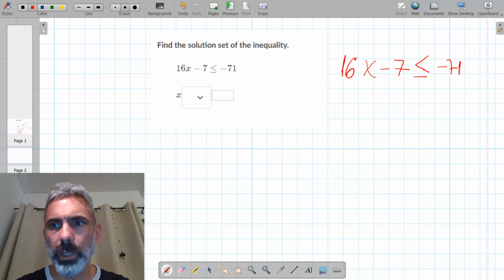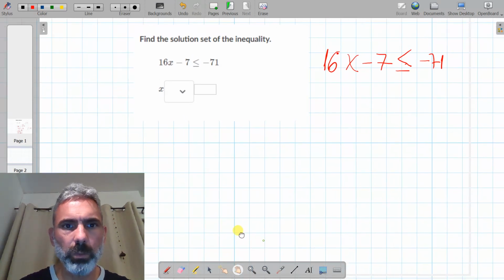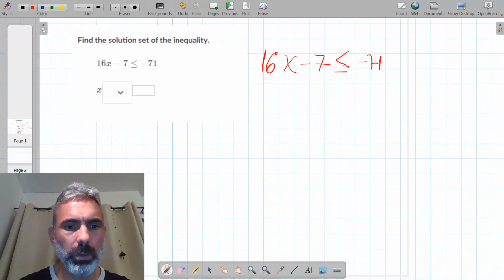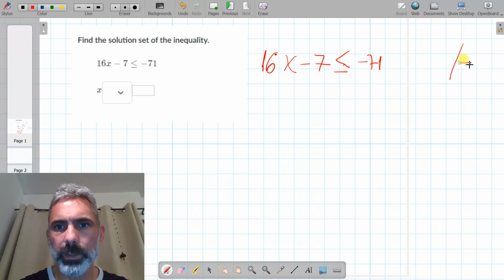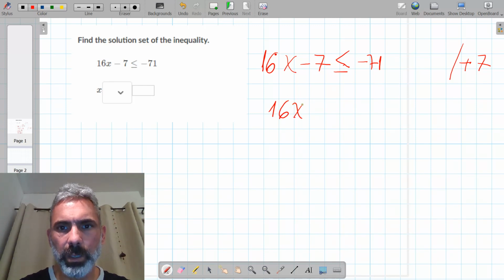I will first add 7 to both sides of the inequality, so plus 7. So on the left hand side I'm left with only 16x. 16x is less than or equal to minus 71 plus 7.